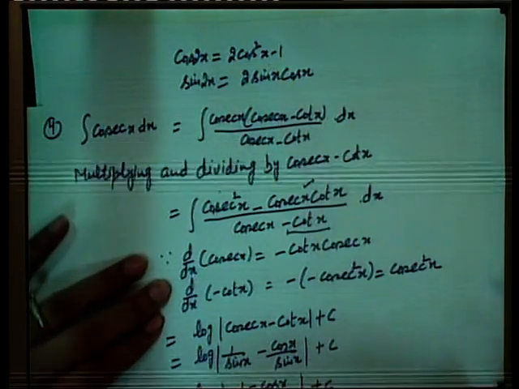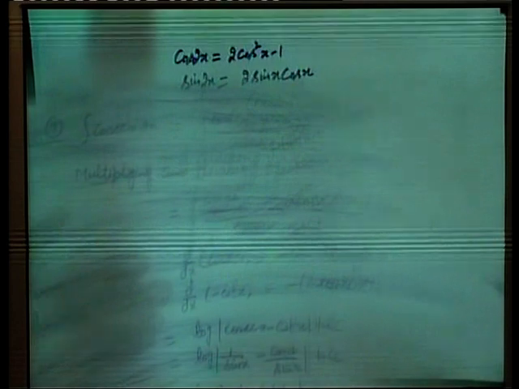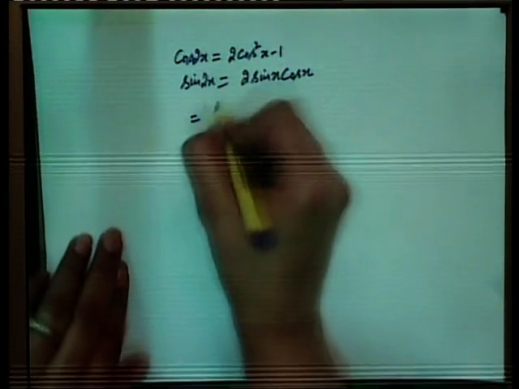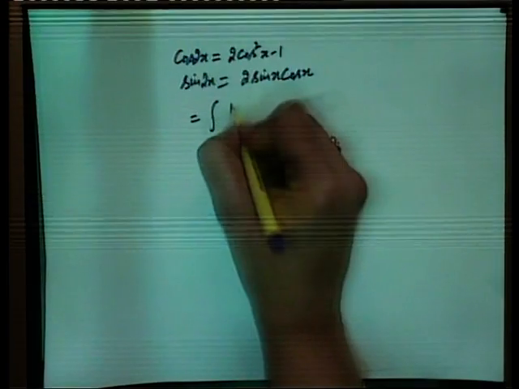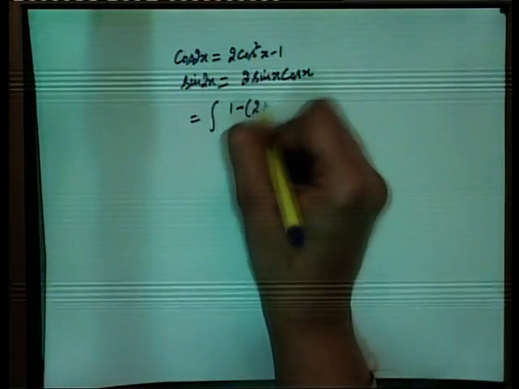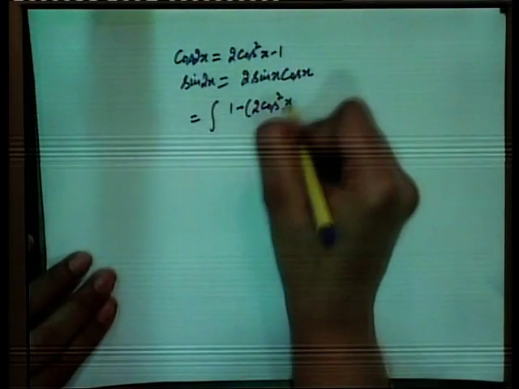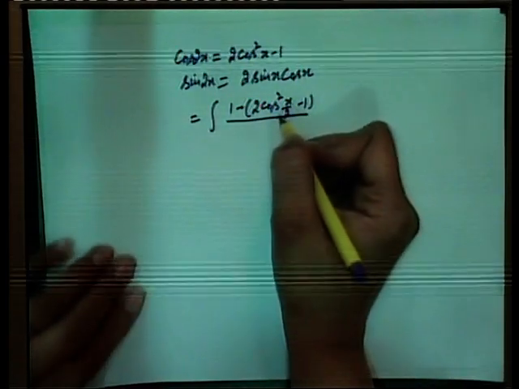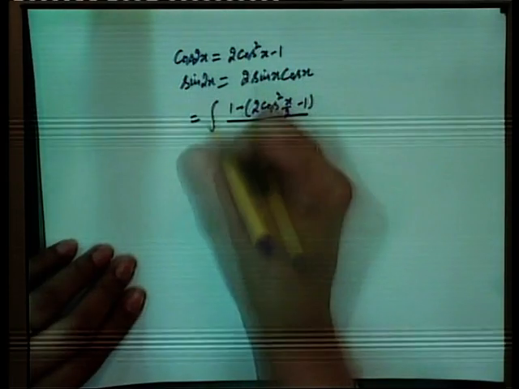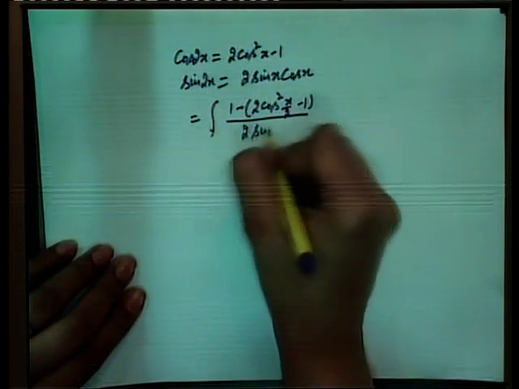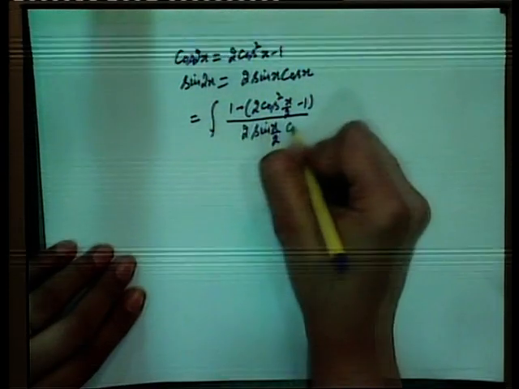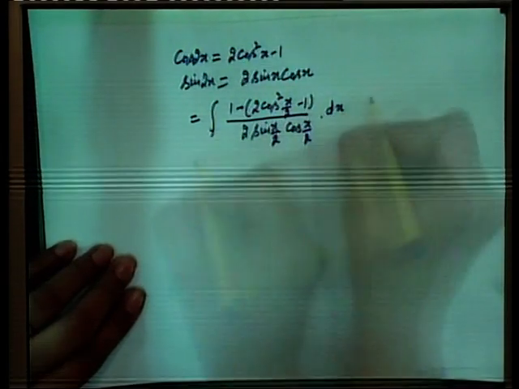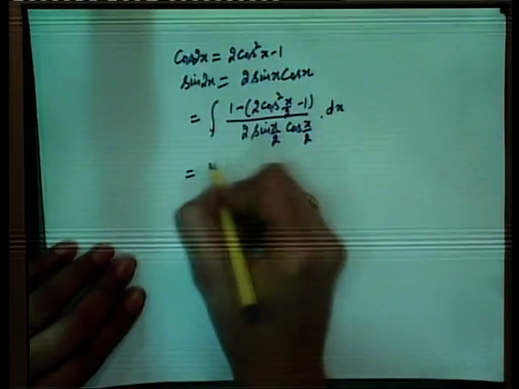Here in the numerator we have 1 minus cos x, so the integral can be written as 1 minus 2 cos square x by 2 minus 1, and in the denominator we have sin x, which becomes 2 sin x by 2 cos x by 2 into dx.